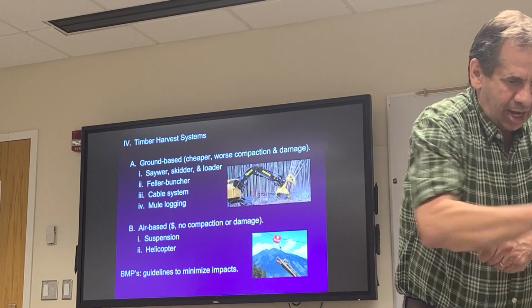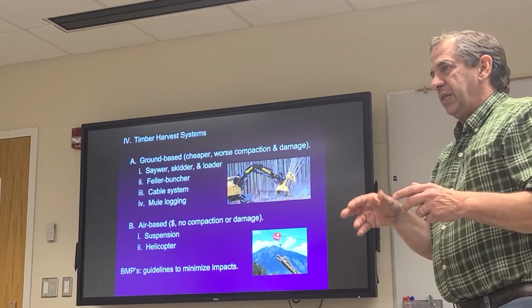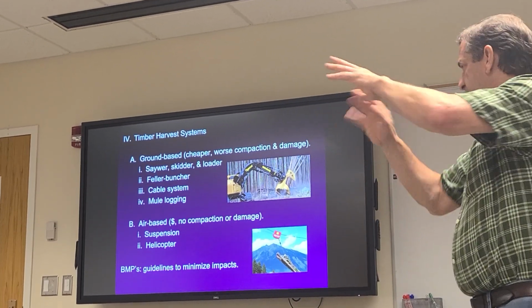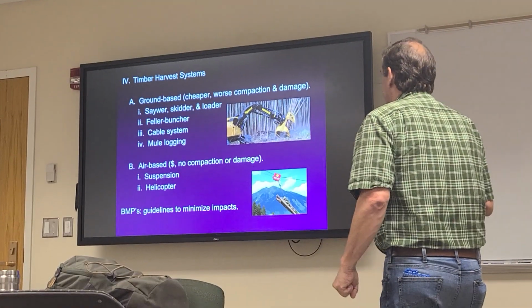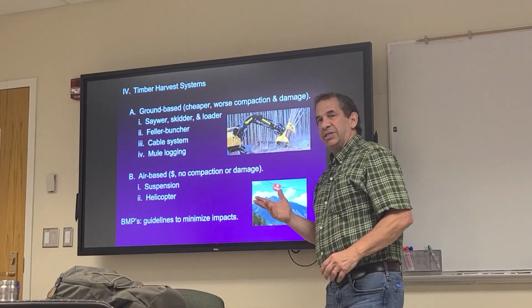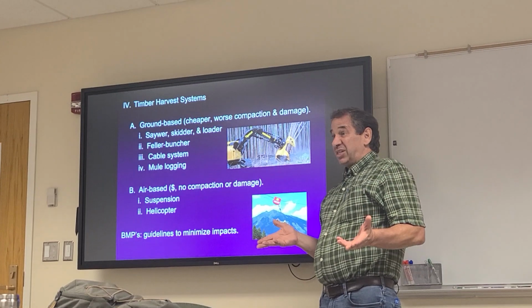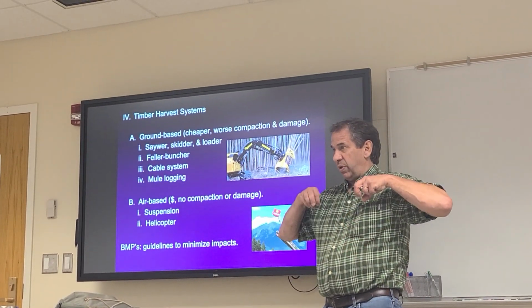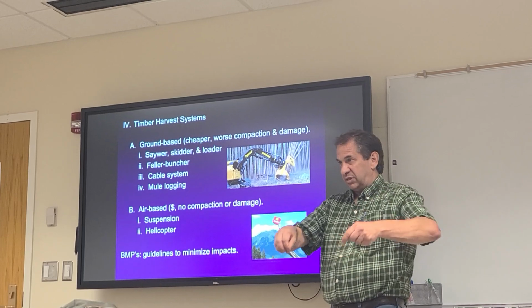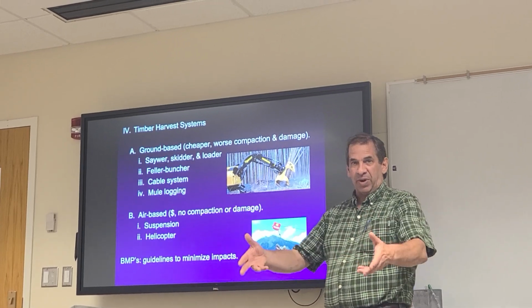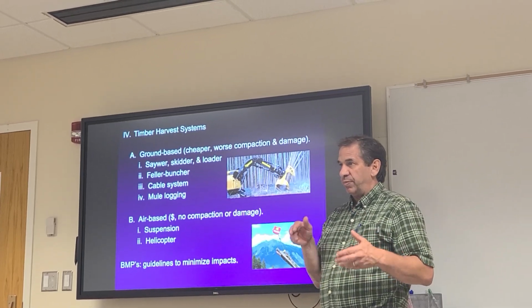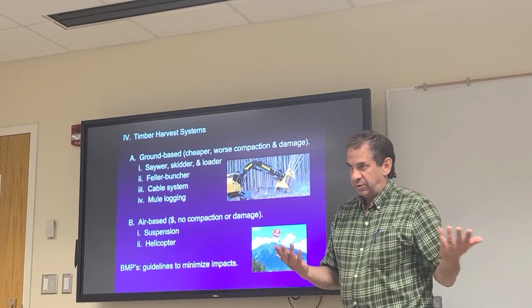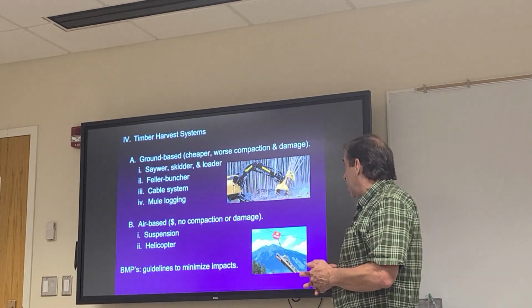Drag them up the slope, drag them up the slope, right? And then you've got a loader that loads them onto the truck to go away. That cable system, a ground-based cable system, is a pretty cheap way to do it, but you can imagine the damage it does to the soil, creating those divots as you're dragging these logs that might weigh tons up the slope. Great potential for erosion, right? So that's not great.